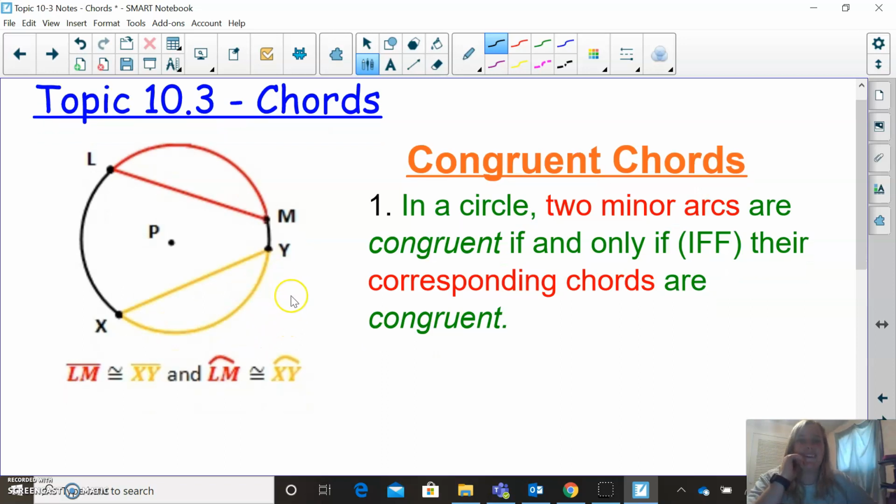Remember, these are important: the little arc says that it's an arc, and the line says that it's a chord. Those symbols on top are really important, especially because we're using the same letters.